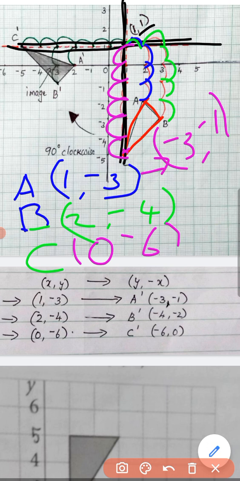Y first, then opposite of x. That is y, -x. Okay. Then 2, -4 becomes -4, -2. Y, -x. X is 2. So -x means -2. Then C becomes -6, 0.